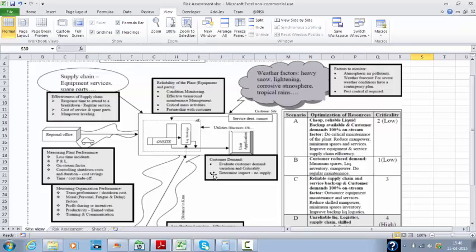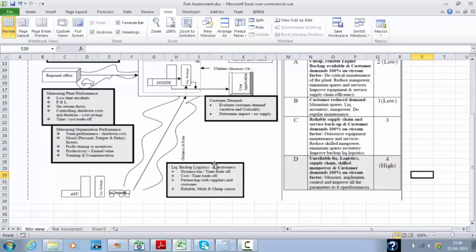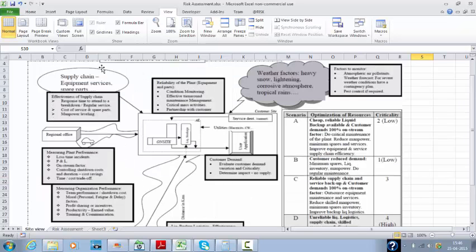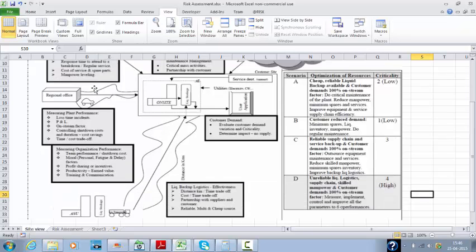So there will be issues such as this. We're going to factor that into the risk assessment, and we're going to factor in the backup as well: the backup supply chain, the service and spare parts procurement, and the delay time. And we're going to also monitor the organizational problems.